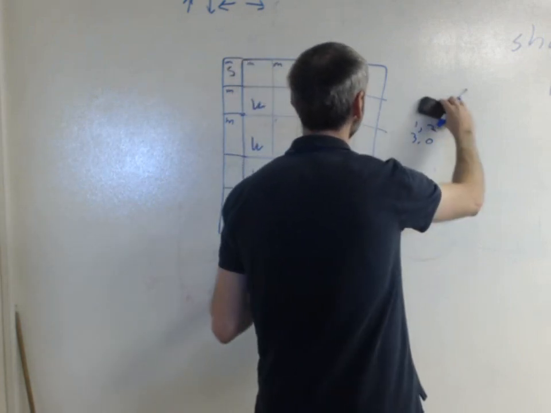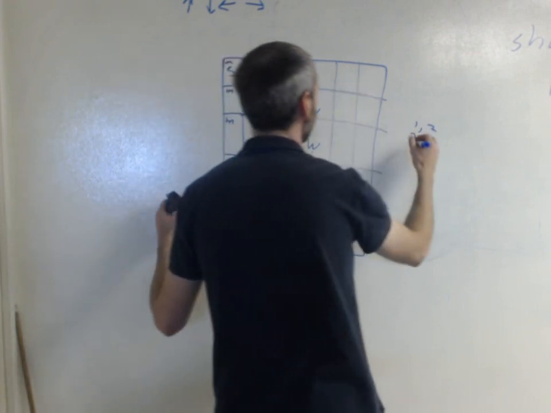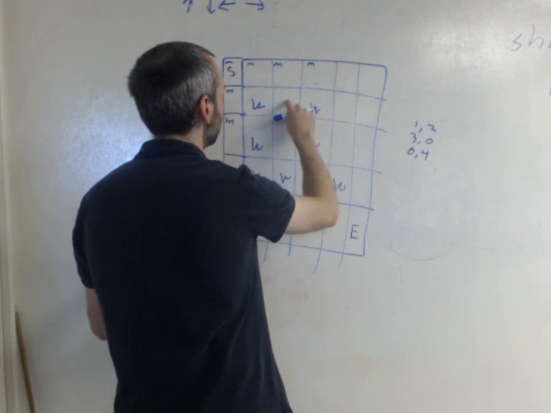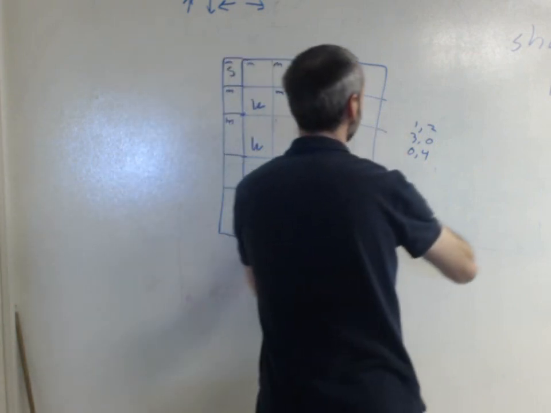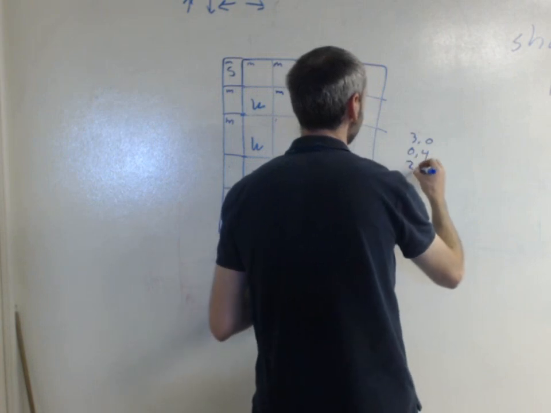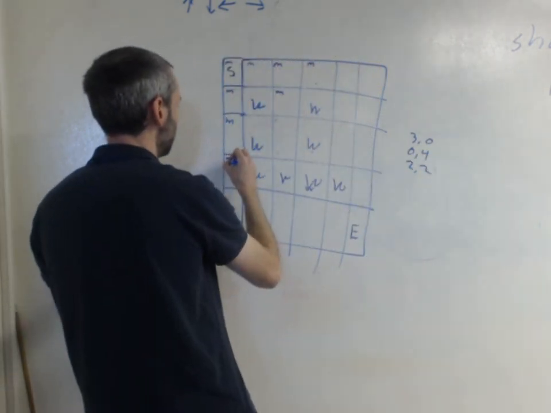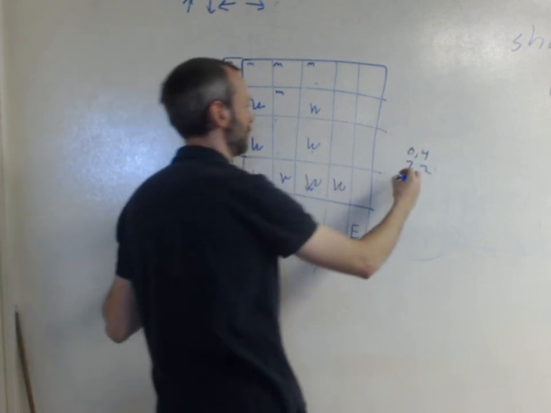So we're right here. We add everywhere we can go, which is 0, 4. Then we're going to go to 1, 2, which was next on our list. Where can we go? 2, 2. Next on our list was 3, 0, so we'll mark that. Where can we go? 4, 0.